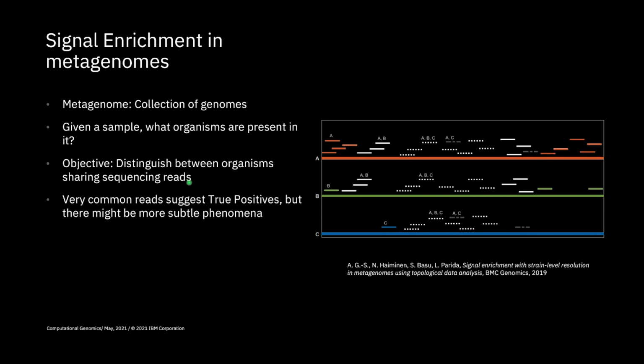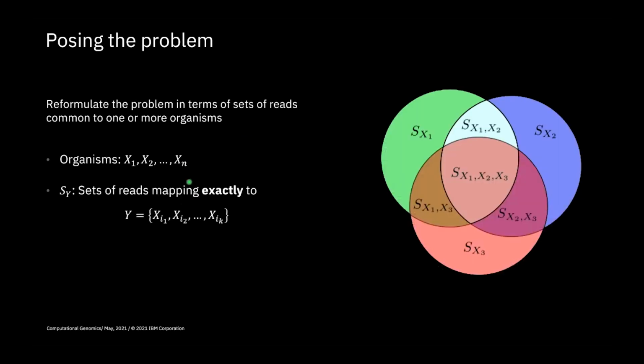So before, when I mentioned that the organisms could be of the same species, this can actually happen sometimes. Or it could be different strains, or things like this. Okay, so we're going to focus then on situations where these uniquely mapped reads are few. So we're going to pose the problem.